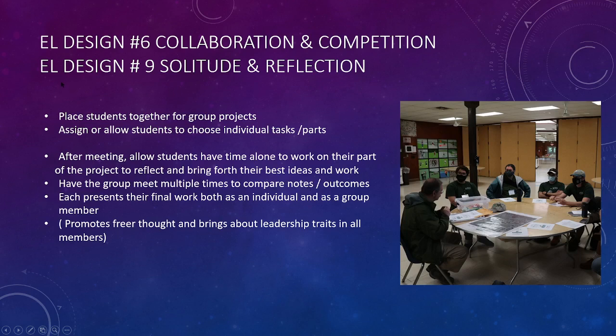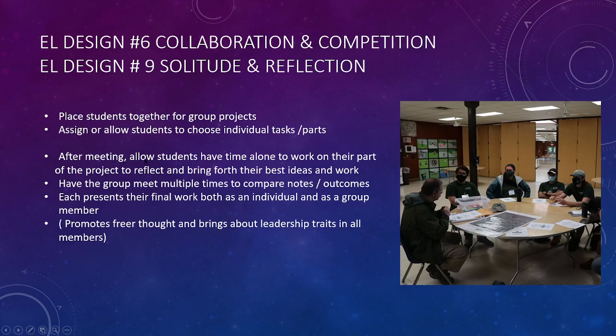Kind of combined on this one slide, UDL design number 6 is collaboration and competition, and design number 9 is solitude and reflection. These two actually work very well for a group project. You assign or allow students to choose the individual tasks or parts that they may be comfortable doing.